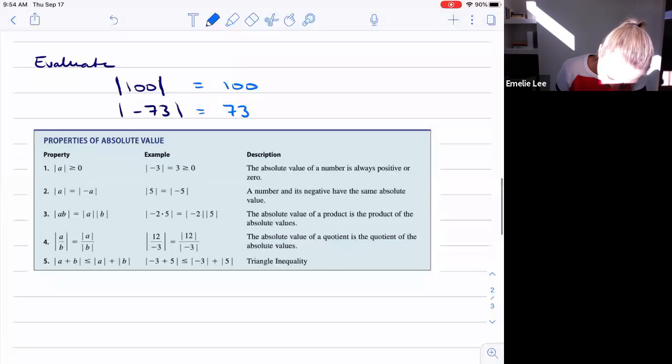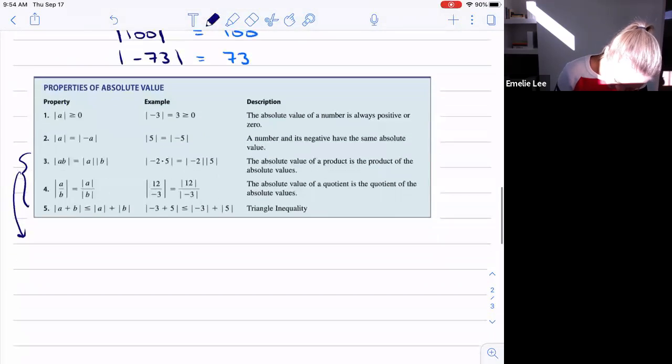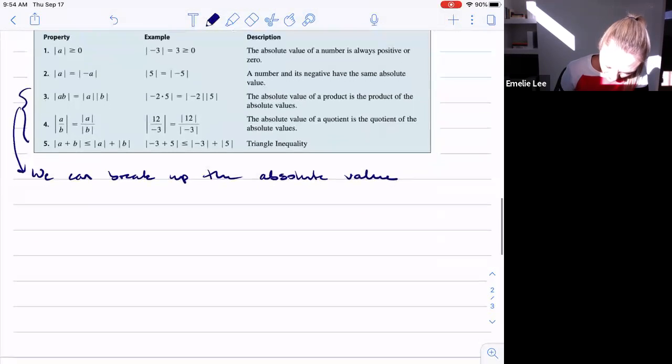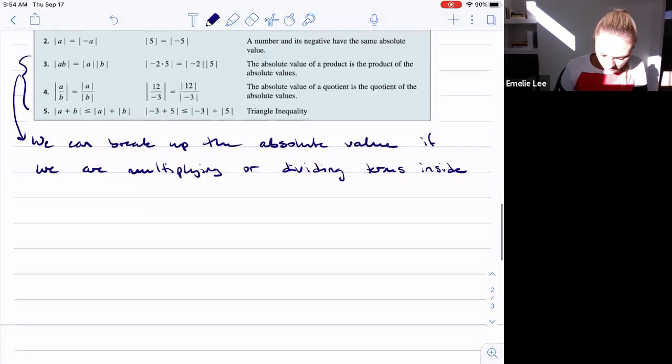So from here, we can break up the absolute value if we are multiplying or dividing terms inside the absolute value.